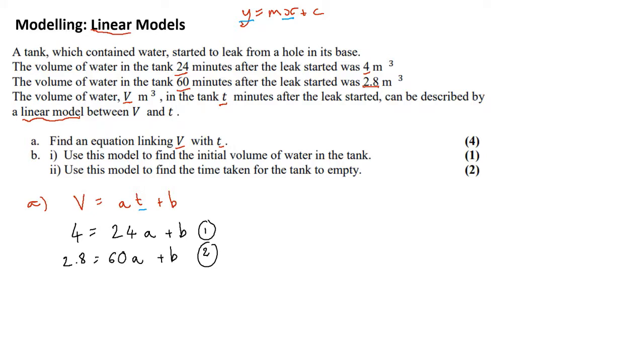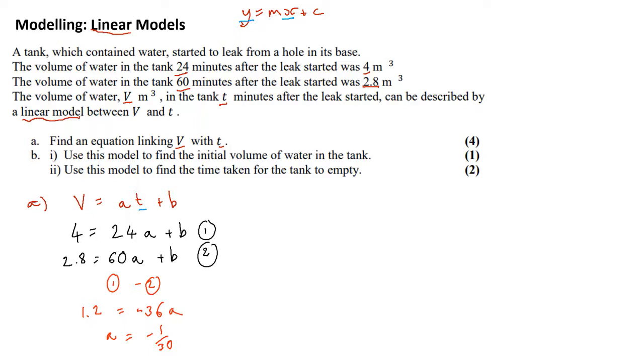Now it looks like we've got a pair of simultaneous equations that can be solved. I'm going to do 1 take away 2. When I do that, I get 1.2 equals minus 36a. So therefore a equals minus 1 over 30.